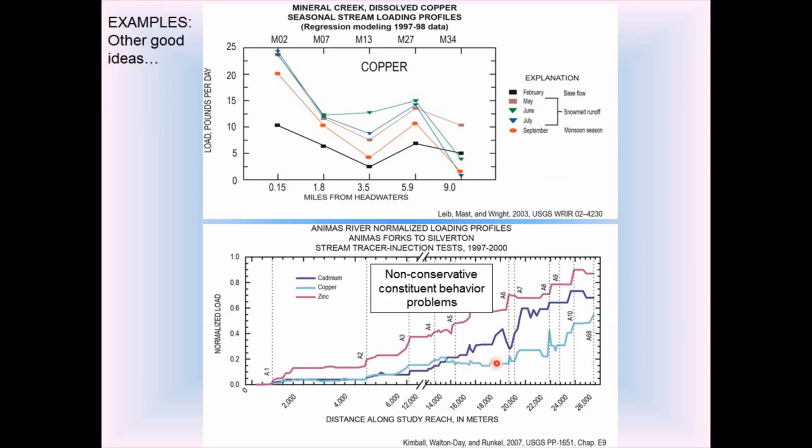There's copper losses through this reach, likely throughout the entire watershed. And in the East Mancos, the copper pretty much disappears by the time it gets to the mouth of the watershed. So this approach would probably not work in the East Mancos due to non-conservative constituent behavior. I want to point out again that there should probably be some error bars or confidence intervals shown on these graphs.